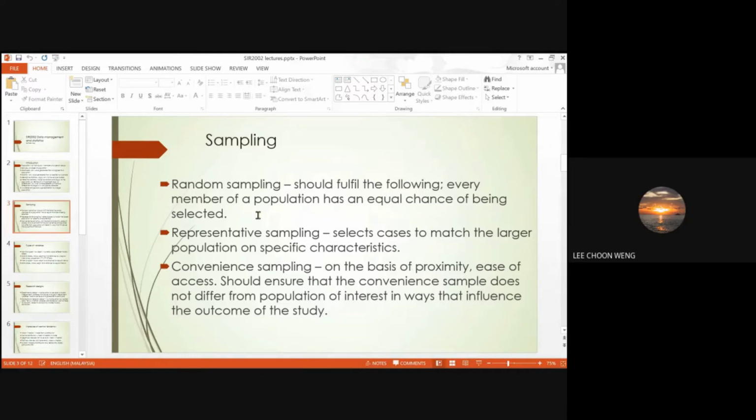Okay, so if your random sampling is always constrained to one location or to one aspect, then you are not actually doing a proper random sampling, because you are not really sampling every member of the population. You're not giving every member of the population an equal chance of being sampled.